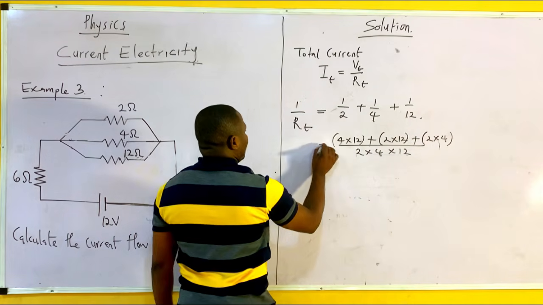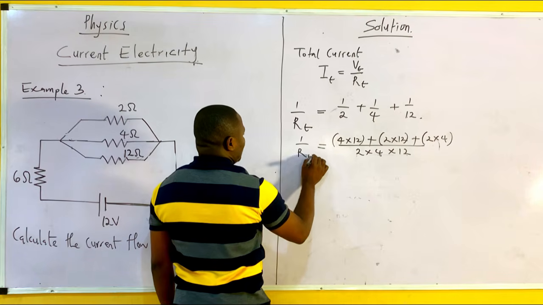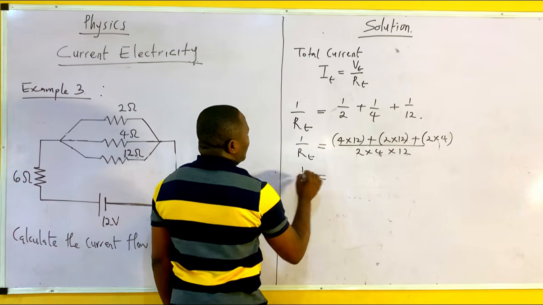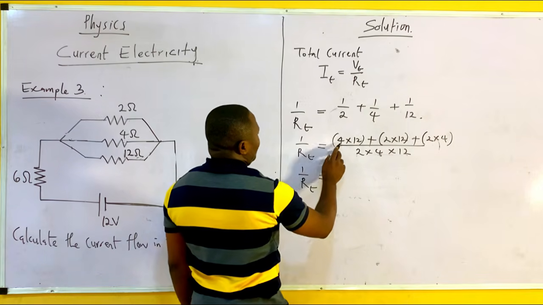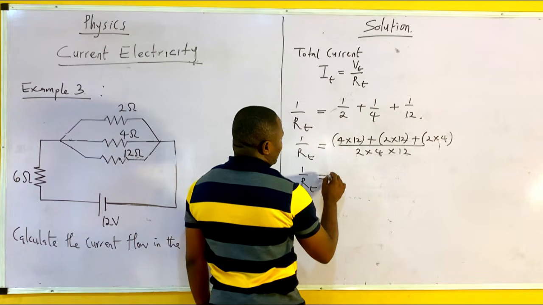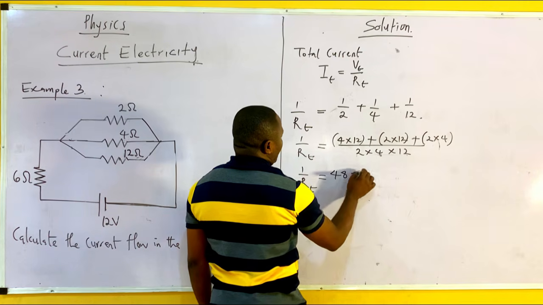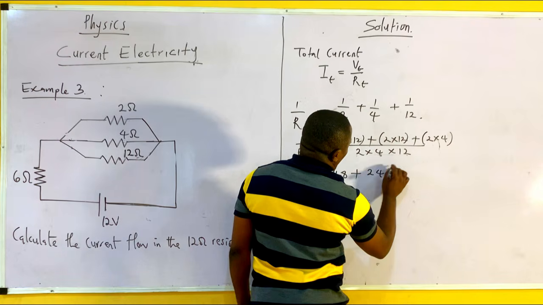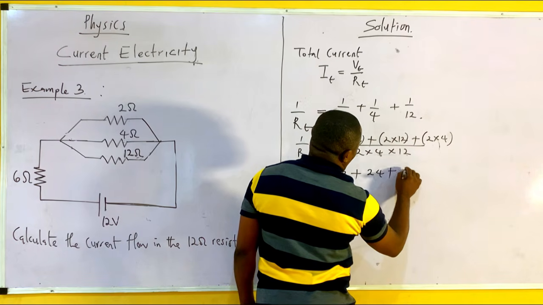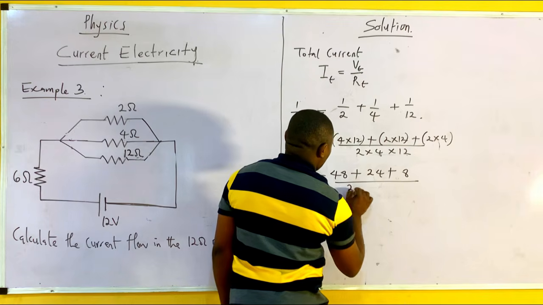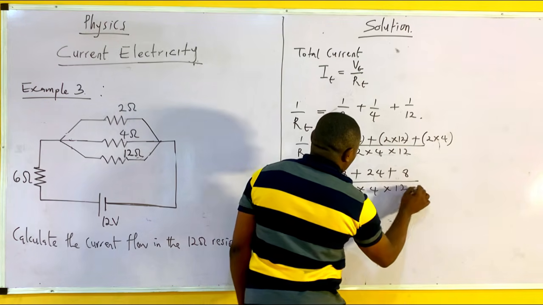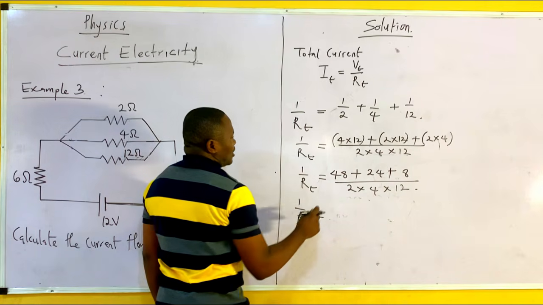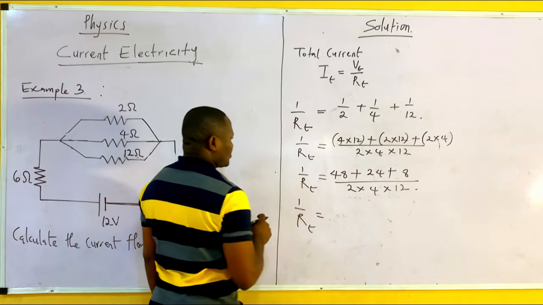Everything is equal to 1 over R total. So now 1 over R total is equal to 4 times 12, which is 48, plus 2 times 12, which is 24, plus 2 times 4, which is 8, over 2 times 4 times 12. So what do we now have? 1 over R total is now equal to this plus this.